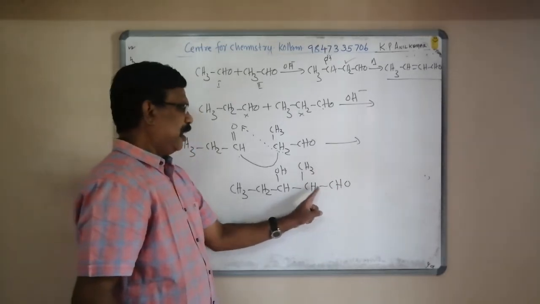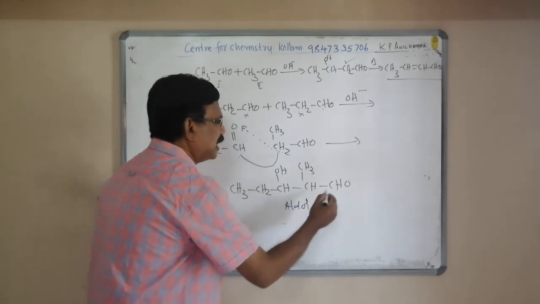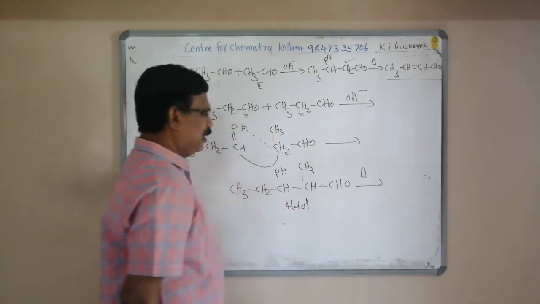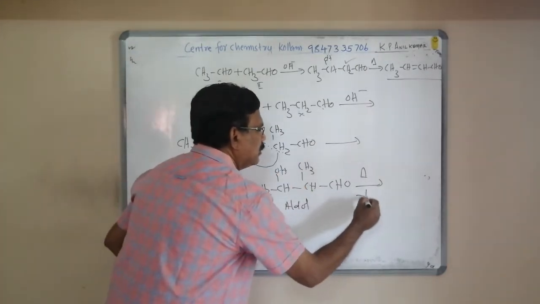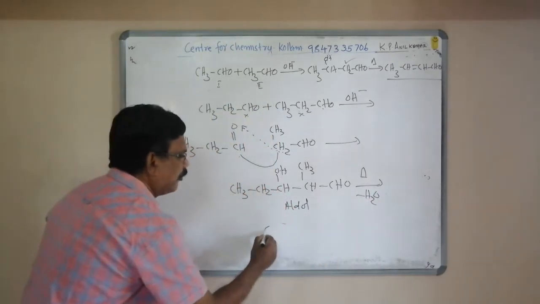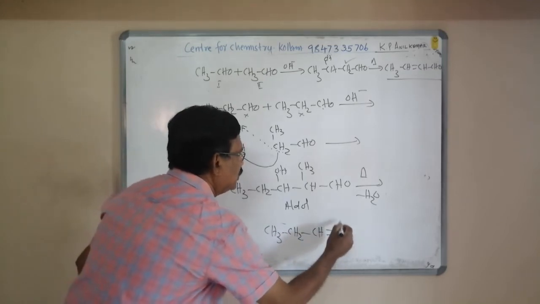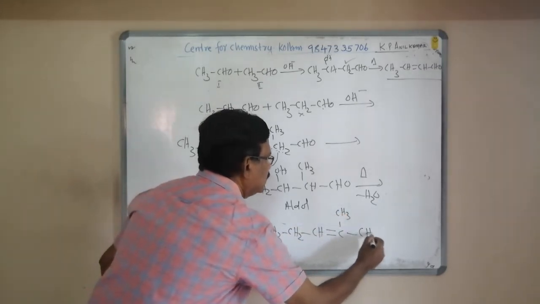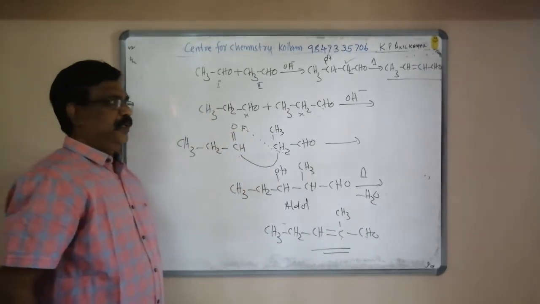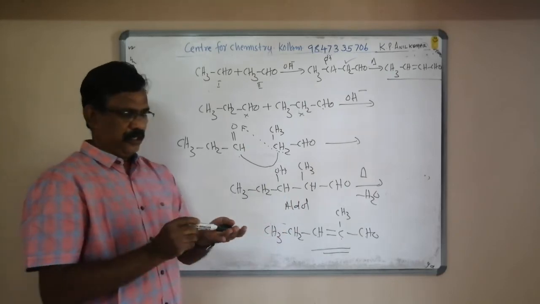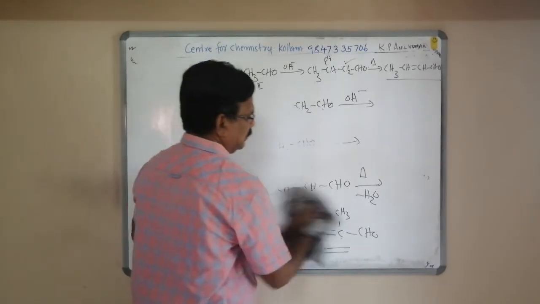The beta hydroxy aldehyde, the aldol, is unstable on warming; it loses a molecule of water, OH and H, minus H2O, and thereby an alpha beta unsaturated aldehyde is produced: CH3CH=C(CH3)CHO, the alpha beta unsaturated aldehyde in the case of propanal. The mechanism is similar to the earlier three-step mechanism.